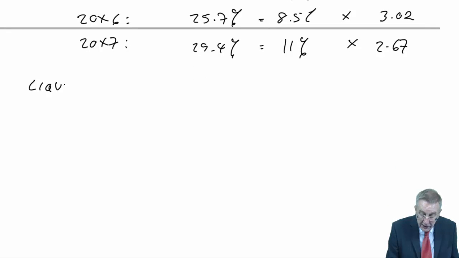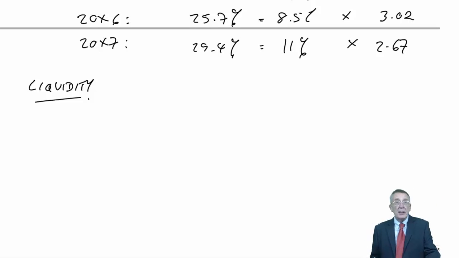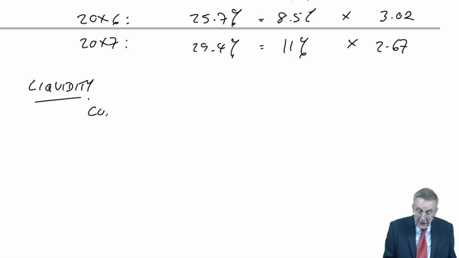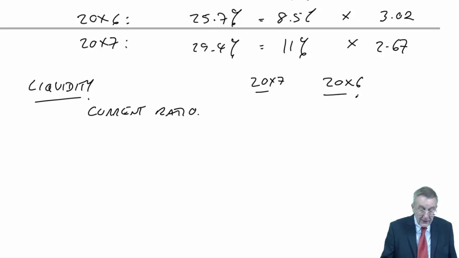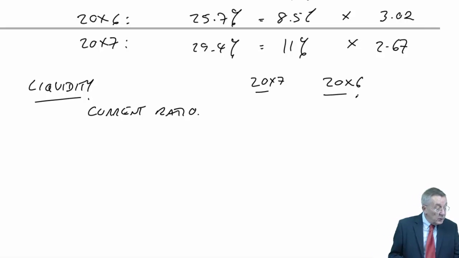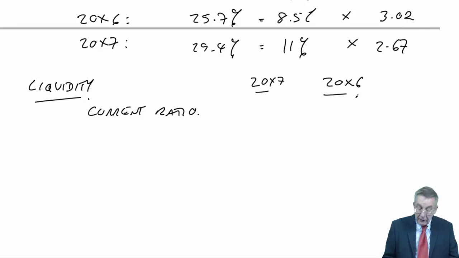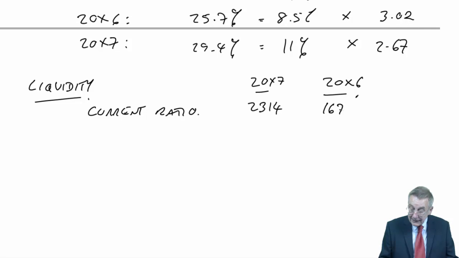Next, the liquidity ratios. Well, we're looking at the short term, how well are they managing the short-term money. And probably the most important is the current ratio. Sorry, we're on the next page. 20x7, 20x6. The current ratio is the current assets, which if you look back at the statement of financial position, are, I can't find them, 2314 this year. Last year 1679.